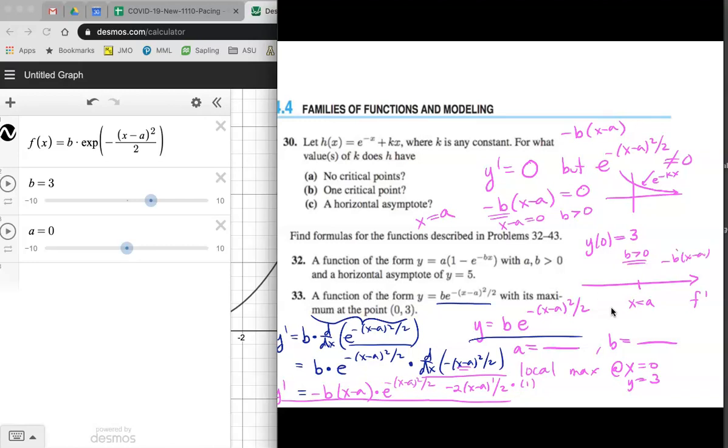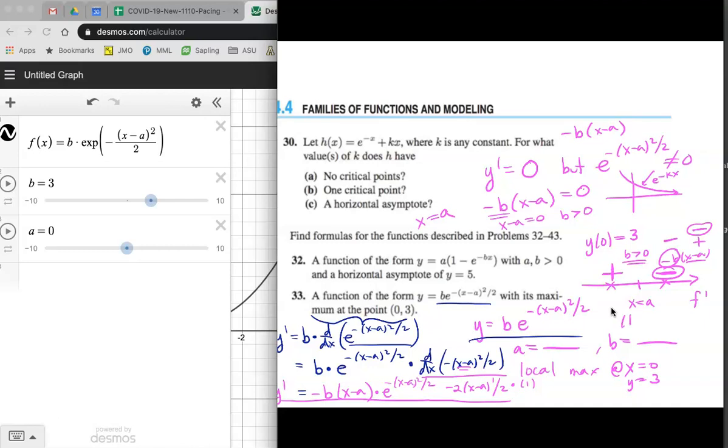If b is positive, negative b is a negative number, and when x is bigger than a, when you test this point, x minus a is positive, negative times positive is negative. And if b is positive and x minus a is negative, because x will be less than a, you'll get a negative times a negative, which will make it positive.